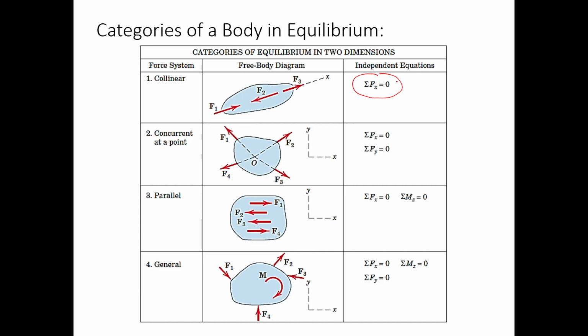Let's say your collinear force is in the y direction, so you can also use the summation of forces y equals 0. Since the direction of your forces is only in one line of action, it could be in the horizontal direction or vertical direction, you're only going to use one equation in this aspect.